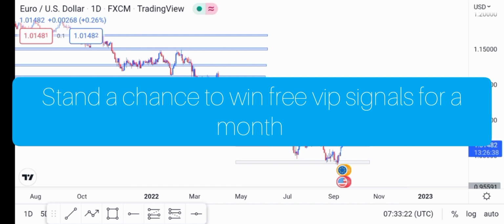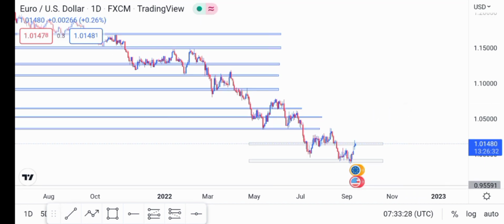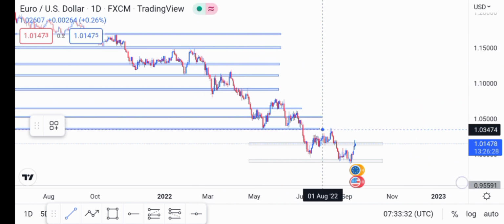So yeah. Okay, so as you can see here on the daily time frame, from this point right over here, the market has been selling.